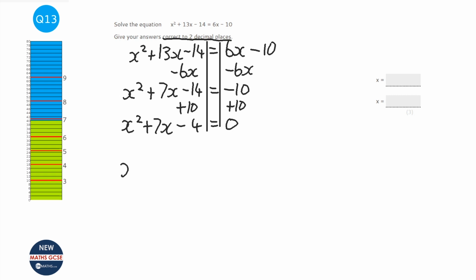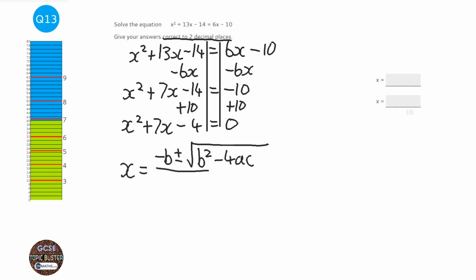So the quadratic formula says x equals minus b plus minus the square root of b squared minus 4ac over 2a. Now you might say to yourself, well, what is a, b and c? Well, hopefully you don't, because if you're doing this question, I would assume you do know what a, b and c are.